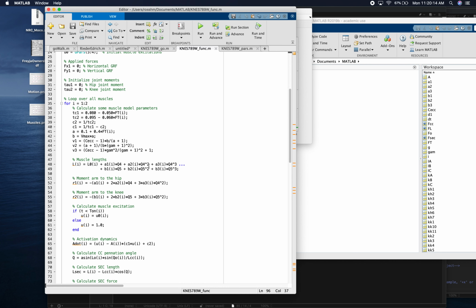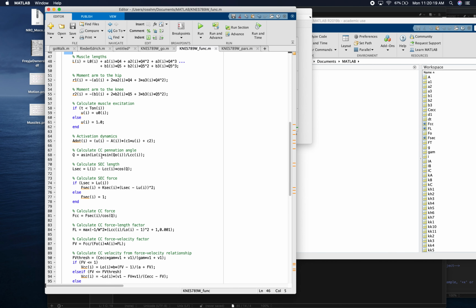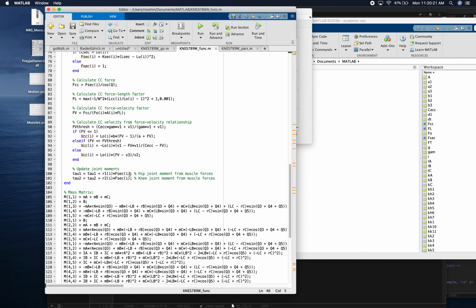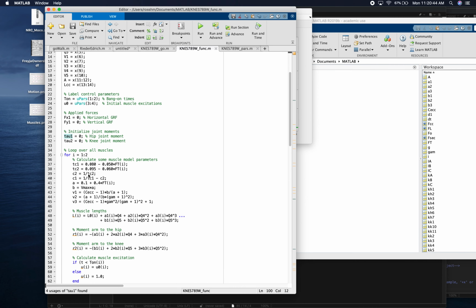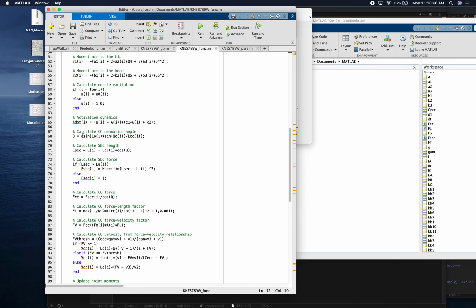In our model state equations here, we implemented our muscle model by looping over both of our muscles. At the end, we calculate an SEC force, a force in the SEC due to activation of the muscle's contractile machinery. We take that force times its moment arm to these respective joints, the hip joint here and the knee joint. We add that active muscle moment to the resultant joint moment, which initially started here at 0.